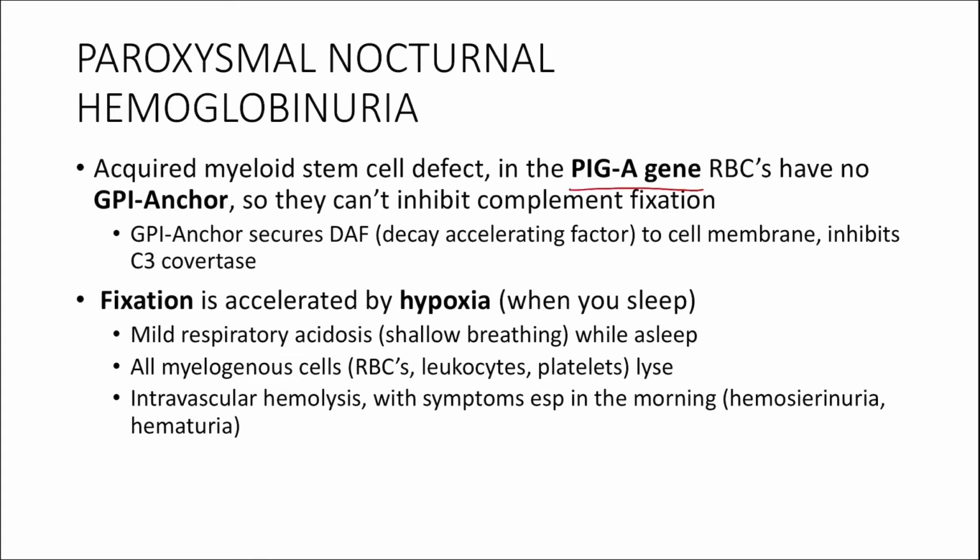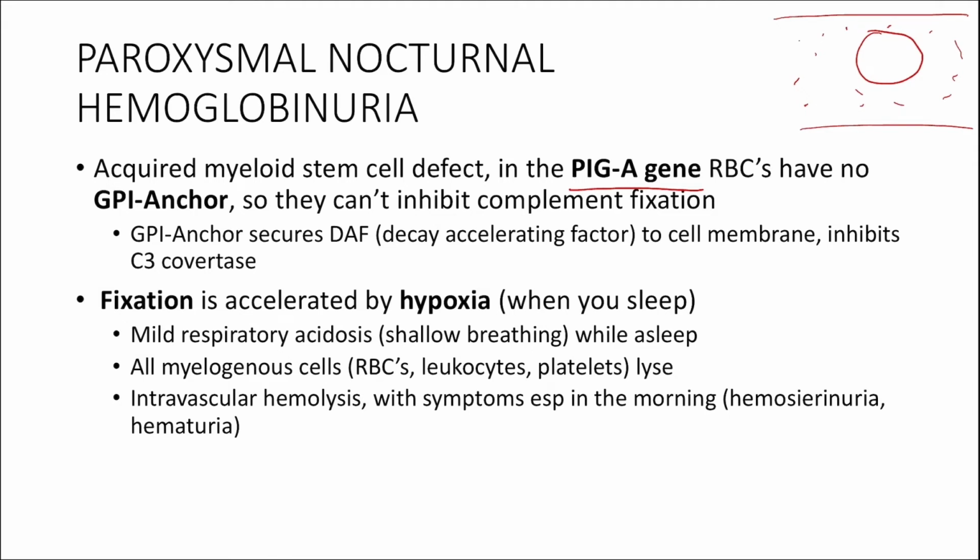And what that means is basically the RBCs would not have a GPI anchor. You have an RBC flowing through the blood vessel, and you have quite a few complements around it that are just running around it all the time, ready to be fixated to the RBC. If it does get fixated to the RBC, it causes intravascular hemolysis.